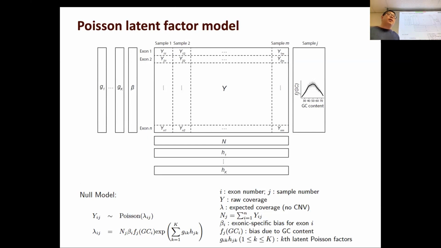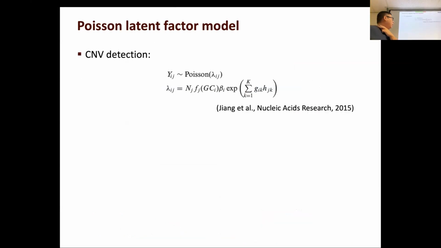Everything shown here is for the whole purpose of capturing the artifacts. Once you capture the artifacts, you can estimate the lambda hat, the mean of this Poisson distribution that you expect under the null. What you are truly observing is the deviation from the null, and that is the copy number.